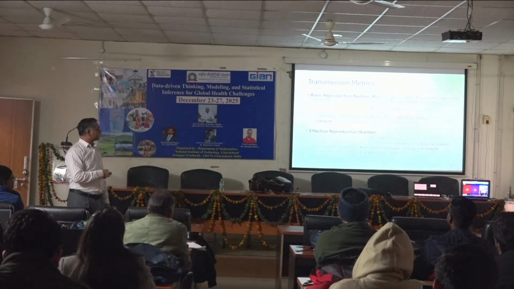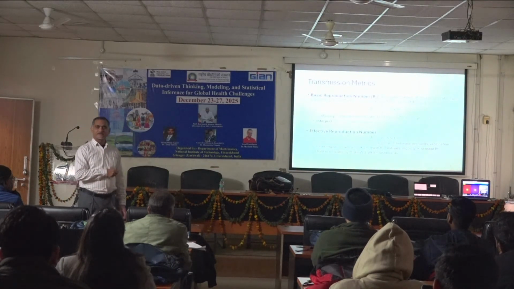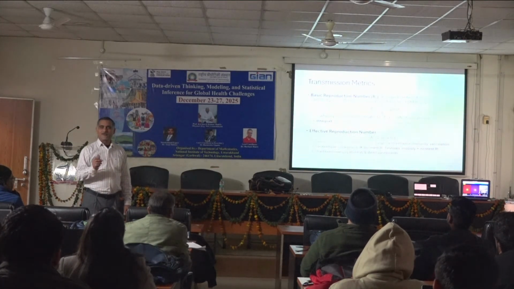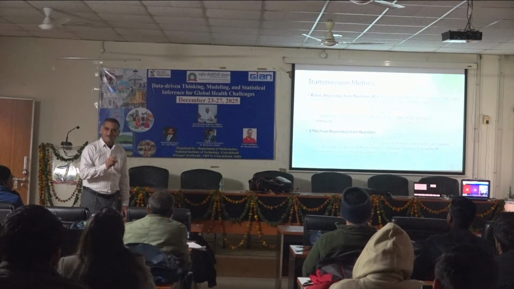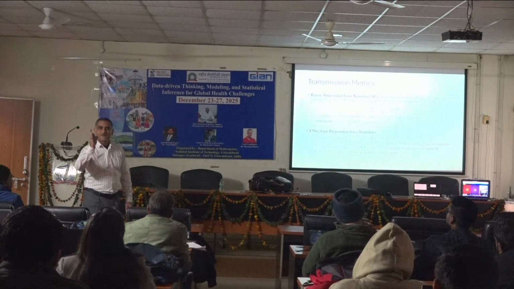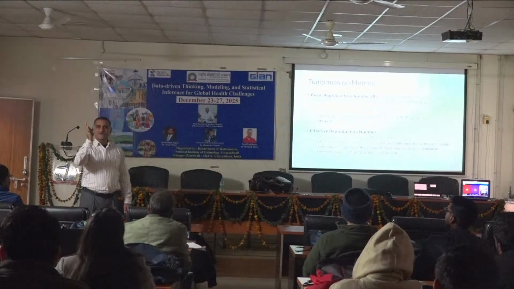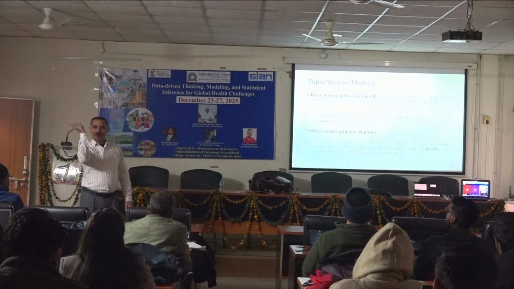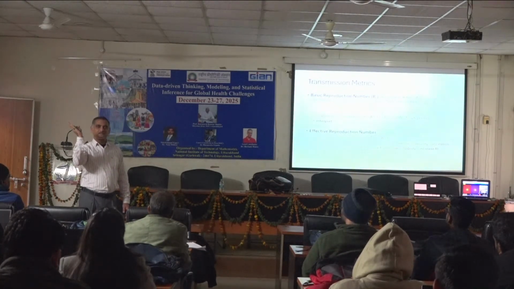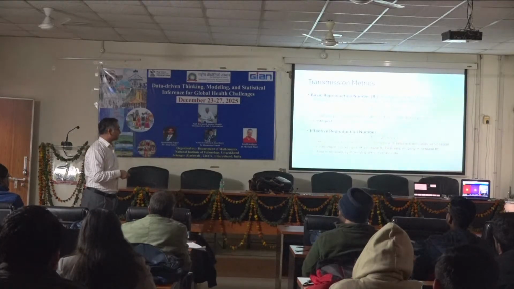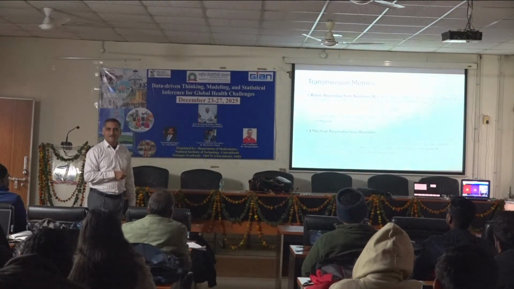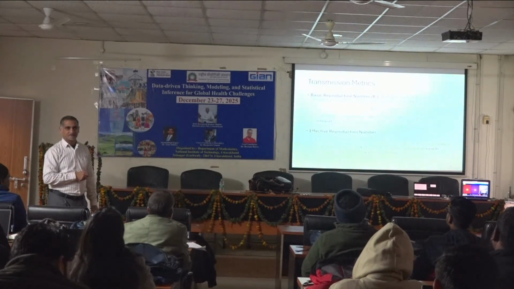So where do you use R0 then? R0 is used initially, when the outbreak is exponentially growing. But as soon as exponential takes a turn, it is not exponential anymore, then you should use RT, our effective reproduction number.